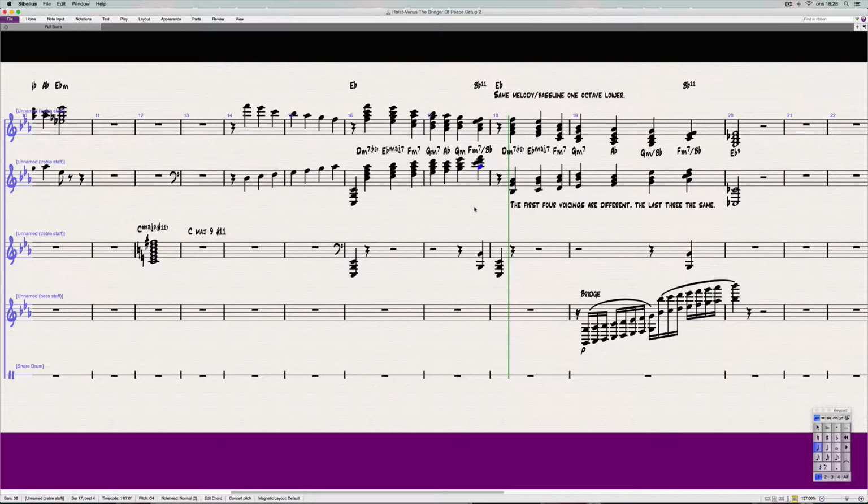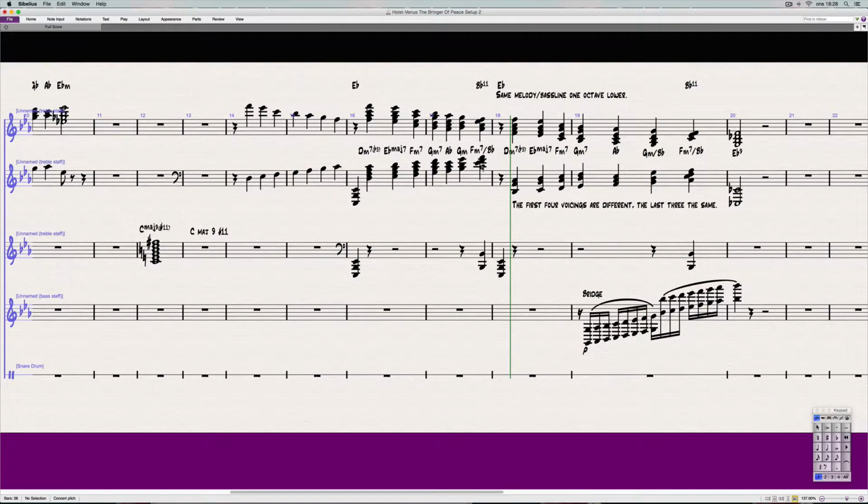Okay, and that's exactly what it is, but the only thing that it's missing is the D, which is the leading tone. But this is really common in jazz, again, to use this chord.